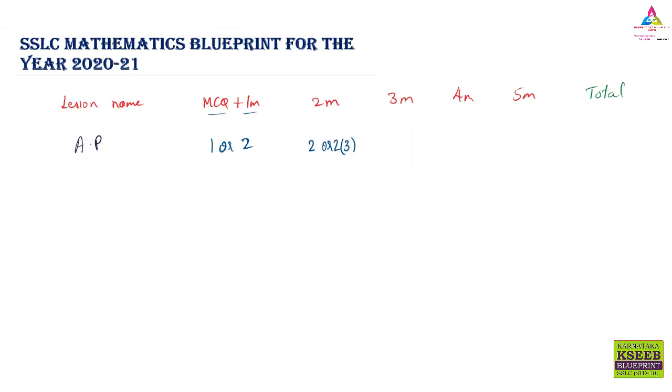They will ask at least 2 from the AP lesson, and the third question they may also ask, but there will be a choice. For example, if the 16th question has 1 question of AP, the second question is along with it as an "or" question, and you have to choose any one and write. So it may be 2 questions, or 3 questions, out of which you write 2. This is the question pattern from AP.